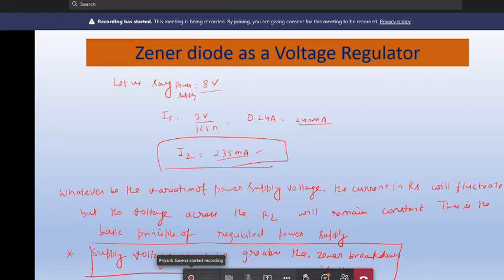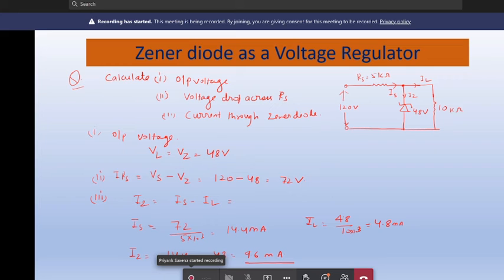Okay, so I have already done some numericals to speed up the things. So don't see the solution part. This circuit is given to you, right? This is the case when the supply voltage is fixed, RL is also fixed, RS is also fixed.